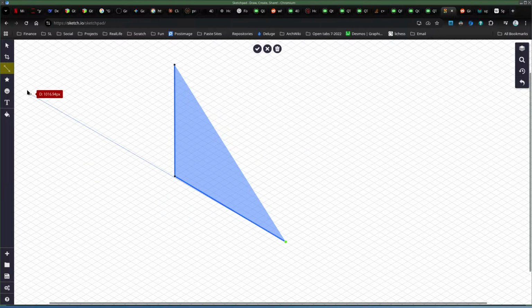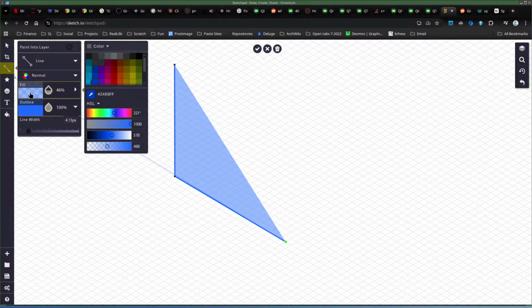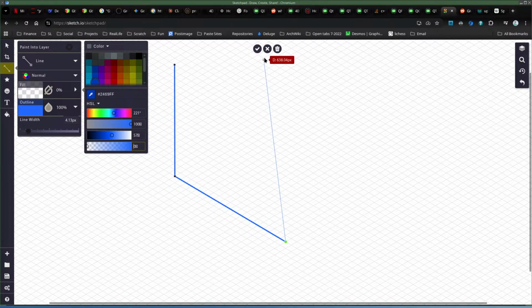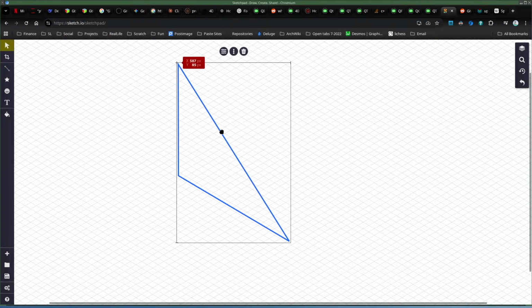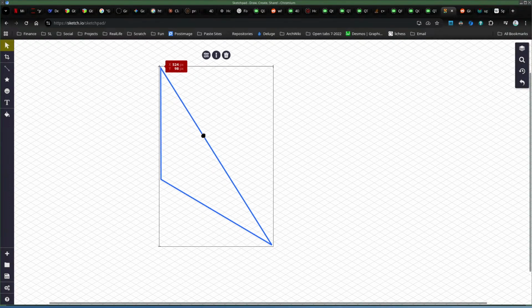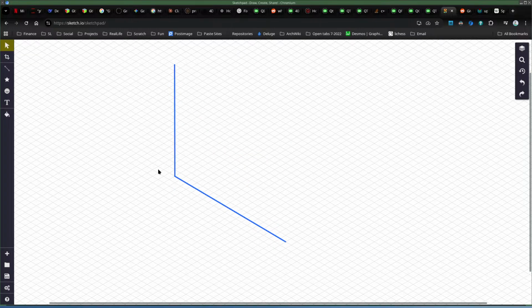What is this? It's filling stuff. I think I don't want to fill at all. Maybe do it like that. Oh, God. Why? Why is this thing closed? No, it is not.